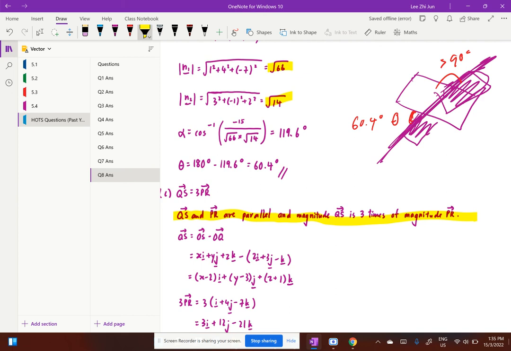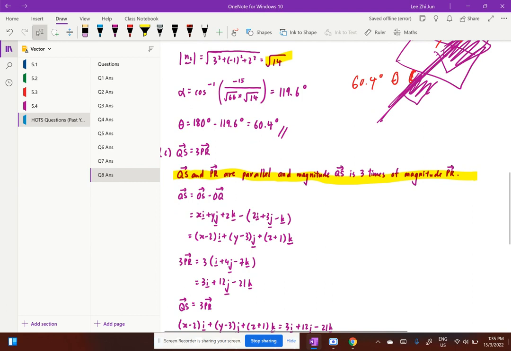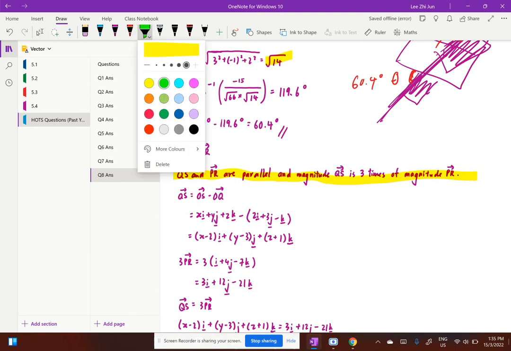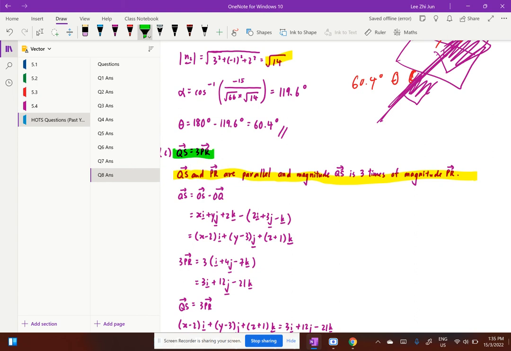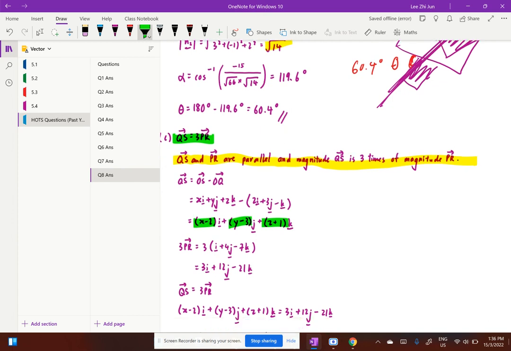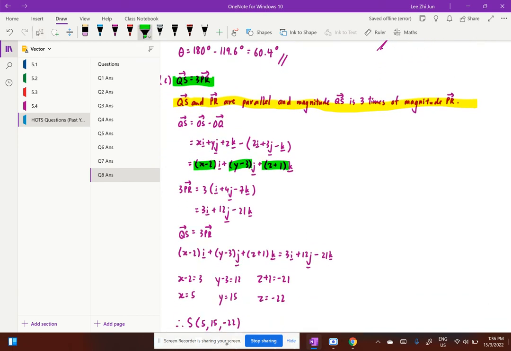So to find the coordinates of S, I use this formula. I need to find the QS come out first. QS, I don't know the S, so it is x minus 2, y minus 3, z plus 1. So 3PR will be 3i plus 12j minus 21k.